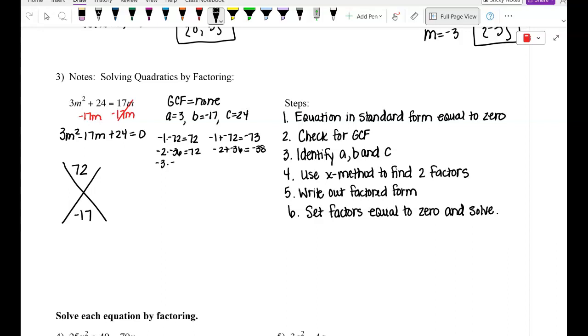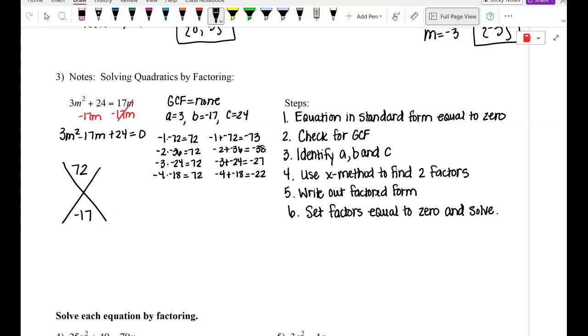Negative 3 times negative 24 is 72. Negative 3 plus negative 24 is negative 27. Negative 4 times negative 18 is 72. Negative 4 plus negative 18 is negative 22.